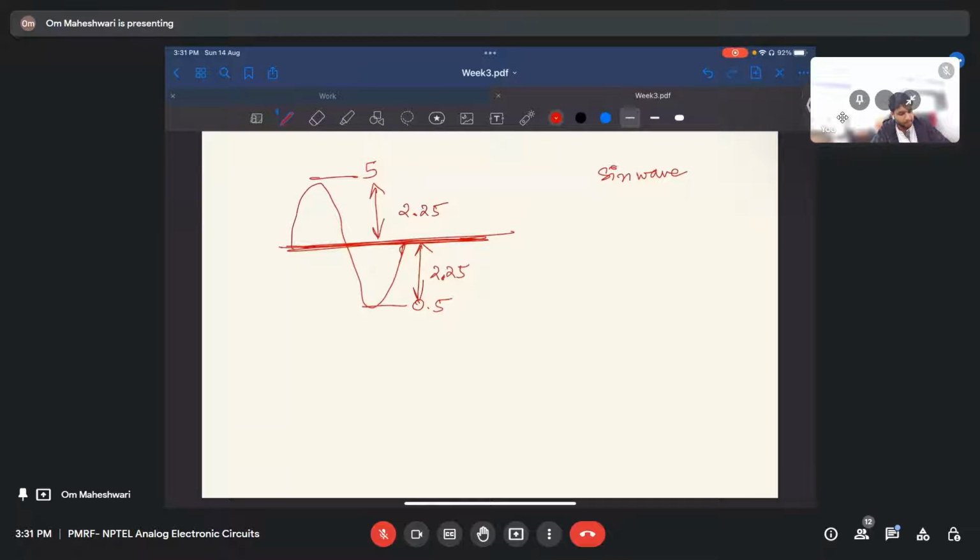Let's say this is 0, omega t volts. So if this is 0, this is 0.5, this is 2.25. Okay, it is not actually 2.25. This is what we have to find.